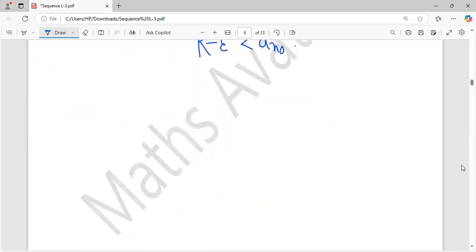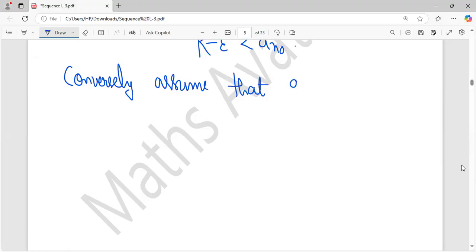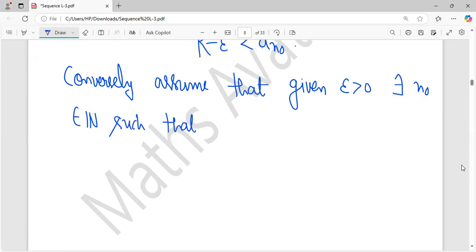Conversely, assume that for every epsilon greater than 0, there exists n_0 belonging to N such that K minus epsilon is less than a_{n_0}.